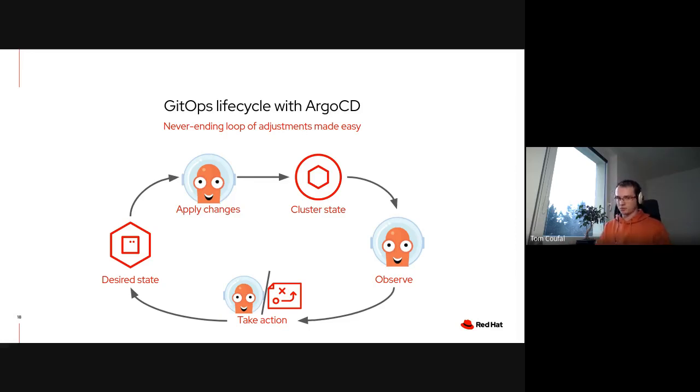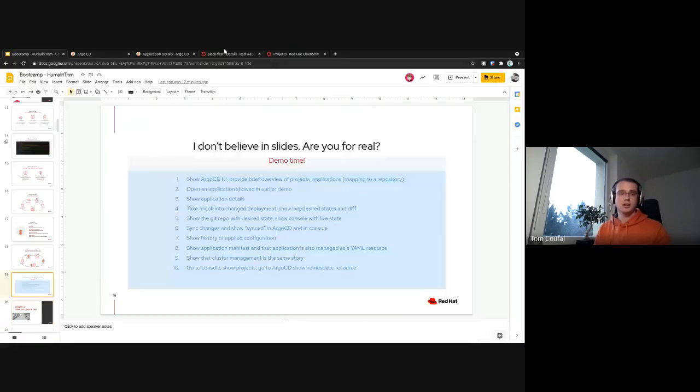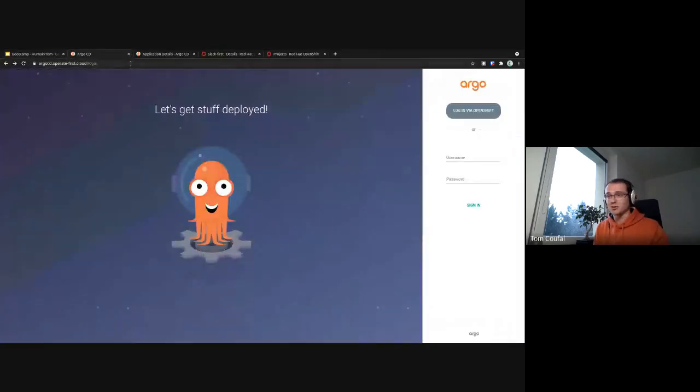If we decide that we need to change the desired state, the desired manifests, we do those manually via pull request in GitOps. And again, we're at a phase where we should do a live demo, because slides may lie.